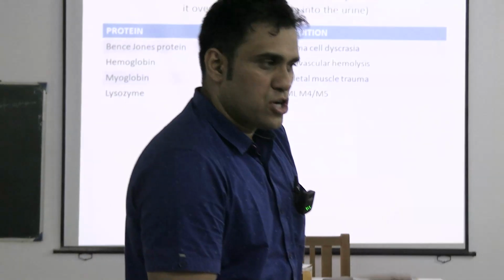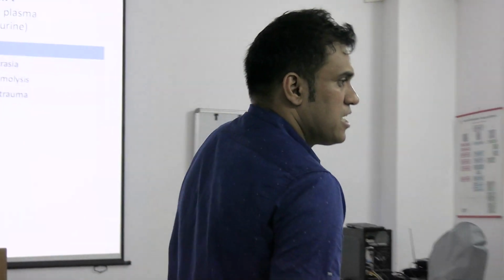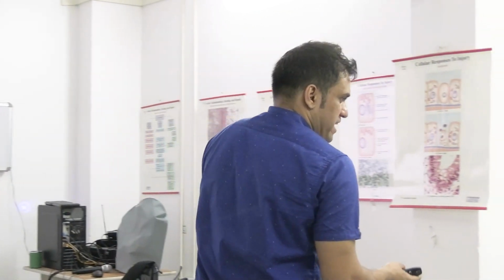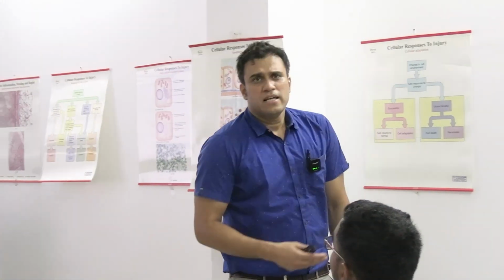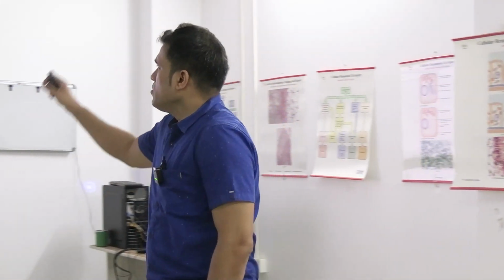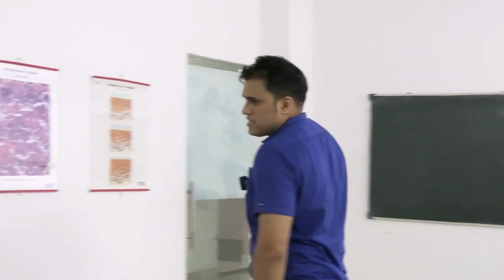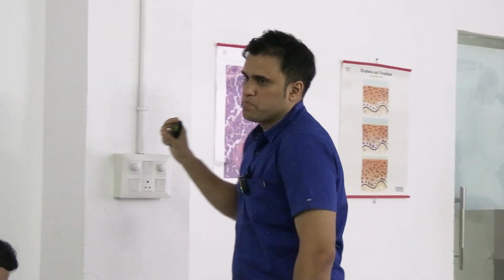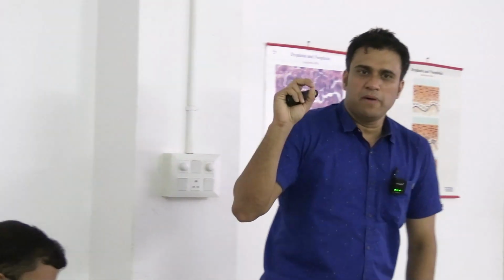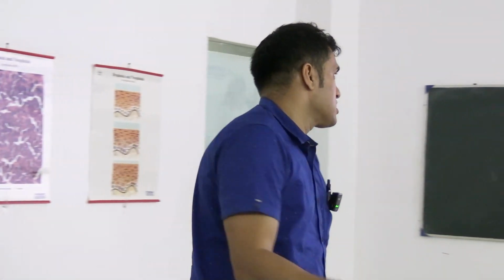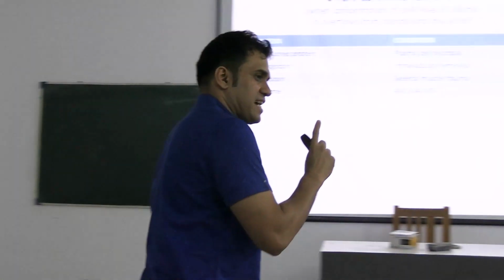Monoclonal immunoglobulin light chains of either kappa or lambda variant. Where is it seen? In plasma cell dyscrasia. Don't say multiple myeloma straight away. So there are many plasma cell dyscrasias, of which the most common is multiple myeloma. So that was Bence-Jones protein.